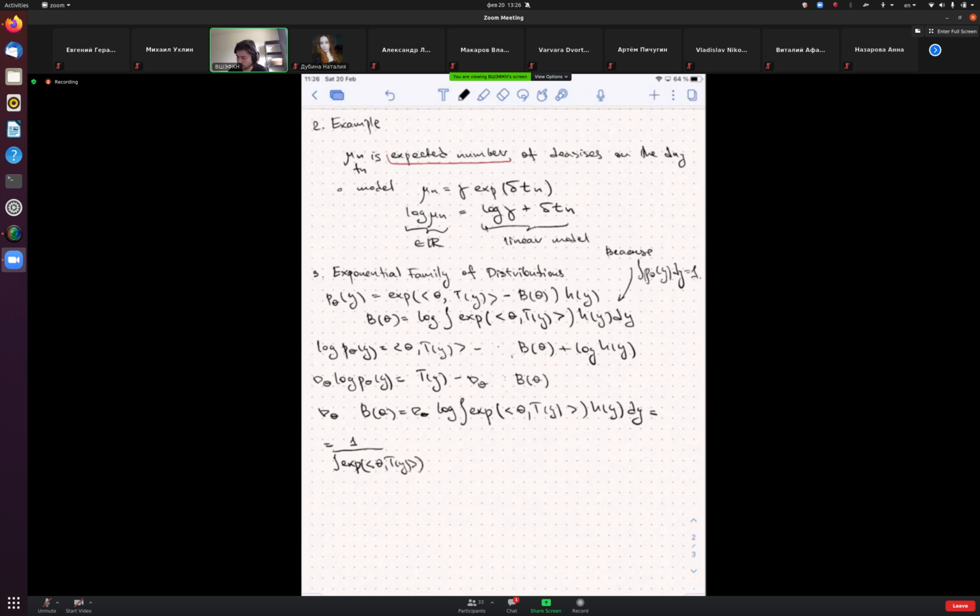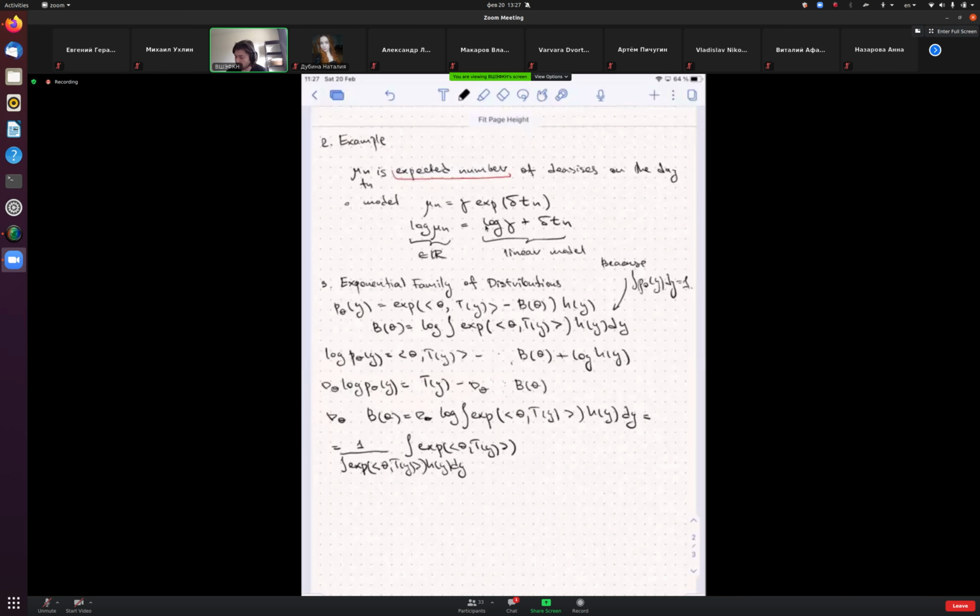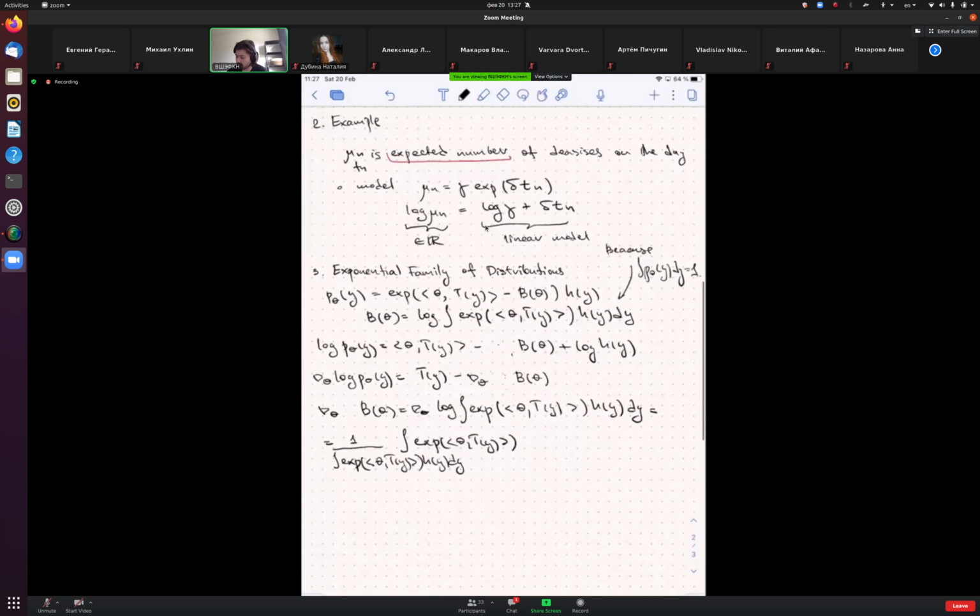Then we need to take the gradient of what is inside the logarithm, the exponential, so it remains the same. Then we need to take the gradient of what is inside the exponential, this inner product of theta and t. So it will just be, as the gradient of a linear function, just t.